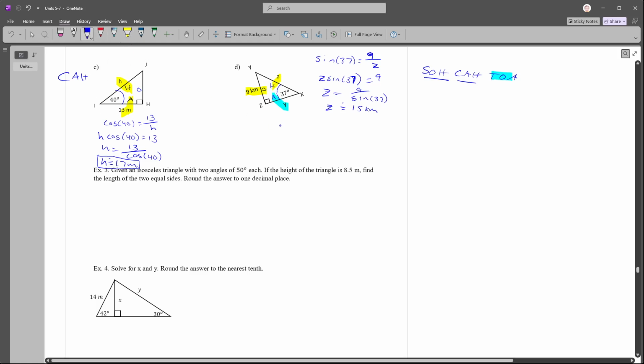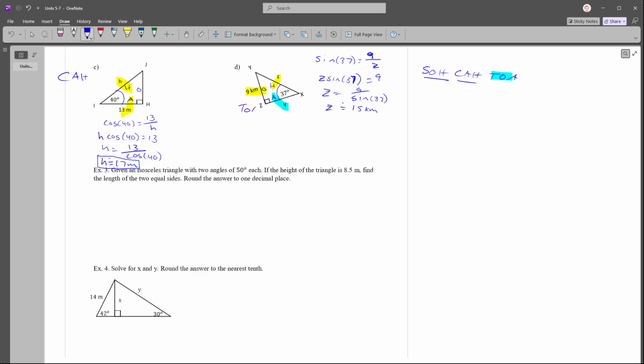Okay. So now, since this one is TOA, that means we're looking for tangent. So we have tan of our reference angle, which is 37, is equal to opposite, which is 9, over our adjacent, which is y. And if you notice, the shortcut here is your answer is going to be y is equal to your current numerator, which is 9, divided by the value on the left-hand side of the equal sign.